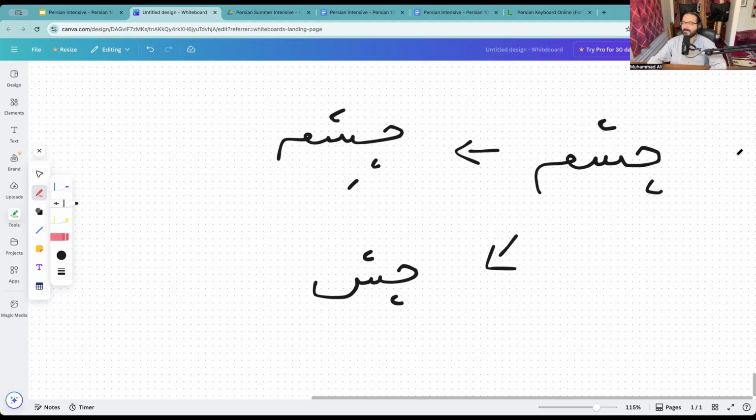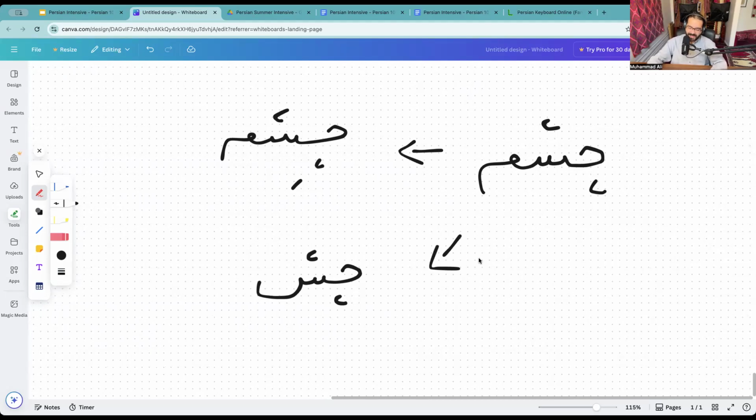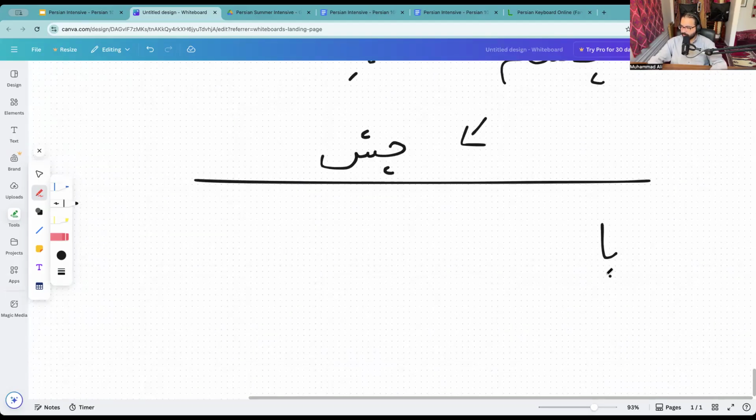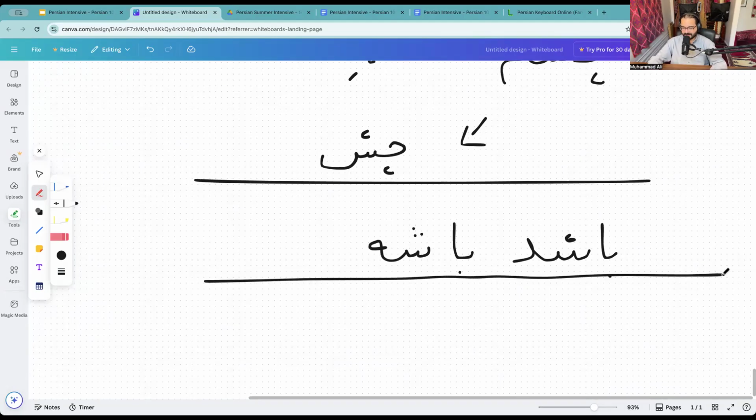And then you can add ba kamal mail, with complete desire, I will do this for you. So chashm. Then a medium level, which is neither formal nor informal, is bashad, which in colloquial Tehrani Persian becomes bashe, which literally means may it be, or so be it.